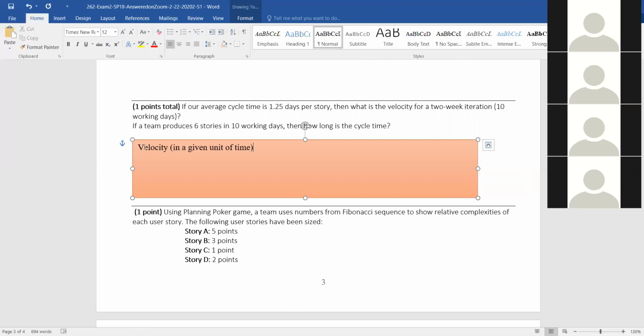This is velocity for iteration here. What is the velocity in here? Velocity for an iteration, which equals 10 working days.